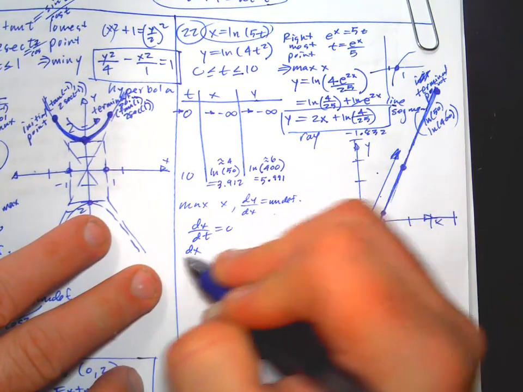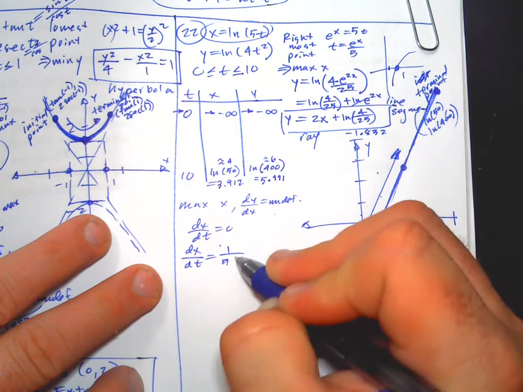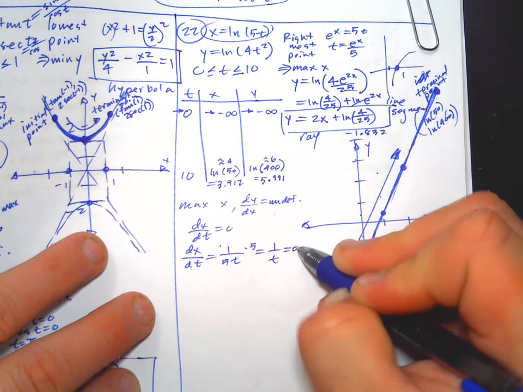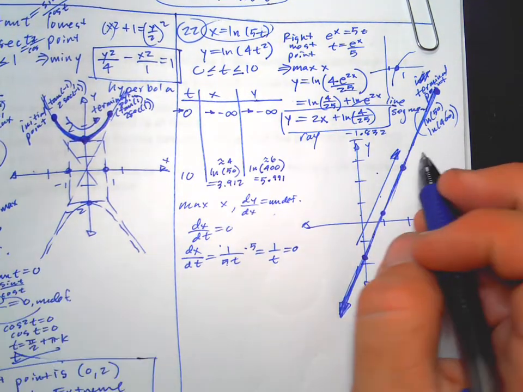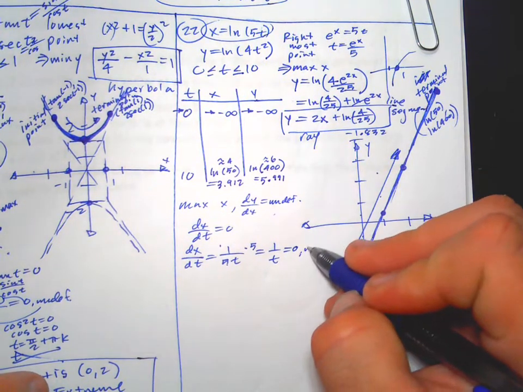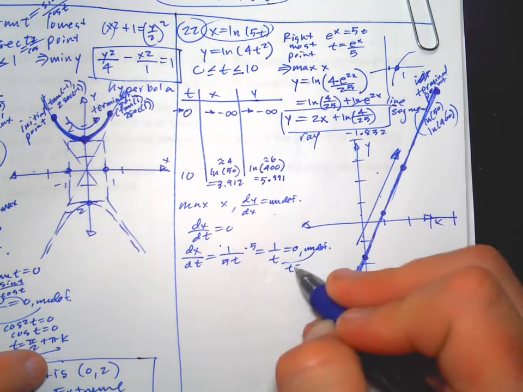So we can look for that. Dx dt is 1 over 5t times 5. So it's 1 over t, and we're going to set it equal to 0. Or I guess we could look for undefined.